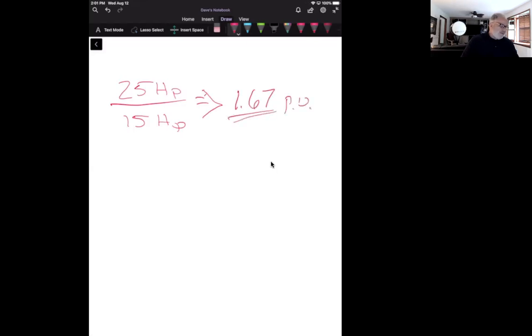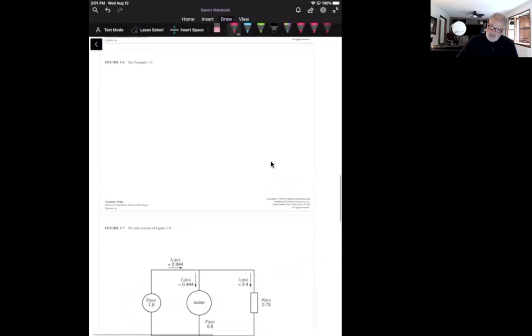And he gives us a few more examples throughout that. He mentions that it's important to know the magnitude of the base of the per unit system. If you don't know this value, the actual values of the quantities that we're dealing with can't be calculated. And so this whole per unit idea can be applied to a lot of things.